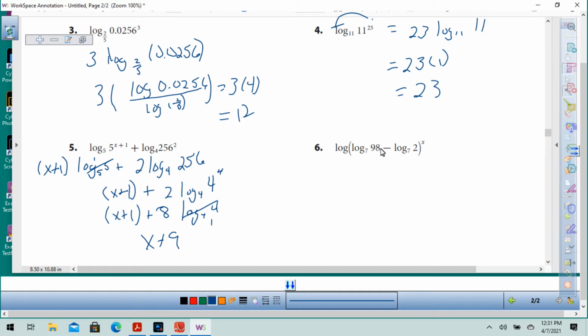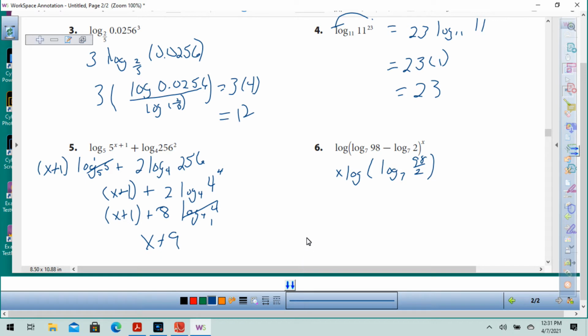Now let's take a look. These have the same bases, so I'm going to move this x up front here. And I've got log base 7 of 98 divided by 2.